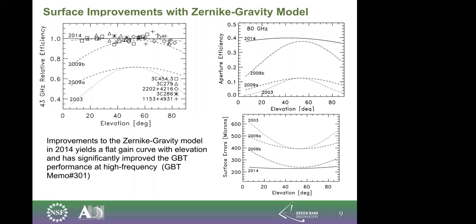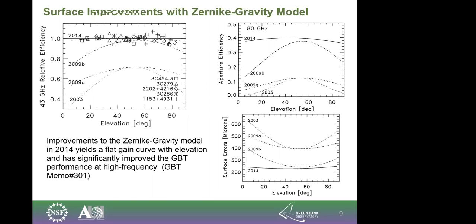All right, so the surface improvements with the Zernike gravity model. The figure in the top left is showing the changes to the efficiency over different elevations. On the bottom, the dotted line is from 2003, and then we go up to 2009, when I discussed the changes to the surface improvements.